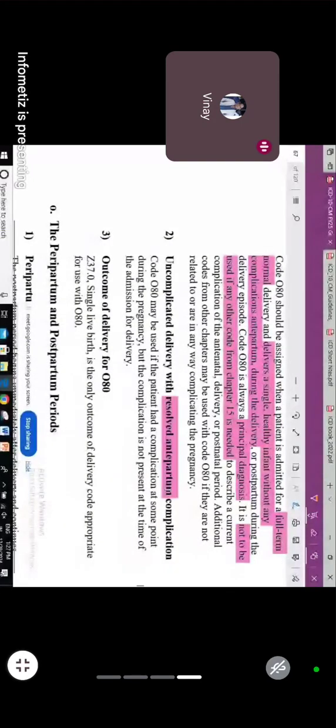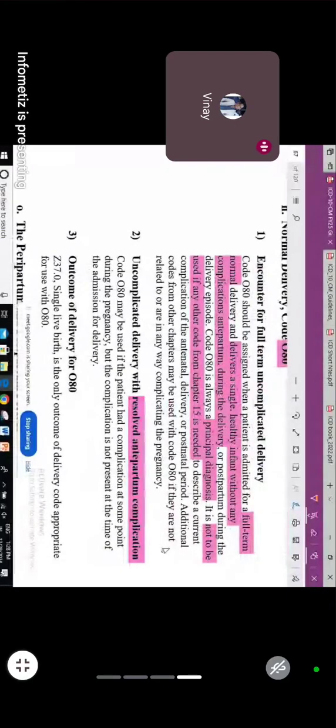Why have they given this guideline? Because on the first guideline, they said healthy infant without any complication antepartum. Just to clarify that, if in antepartum before delivery there was some complication which has resolved, maybe the patient had excess vomiting earlier, in the 5th month, 6th month, but that is resolved and at the time of delivery it is not there, you can code O80.